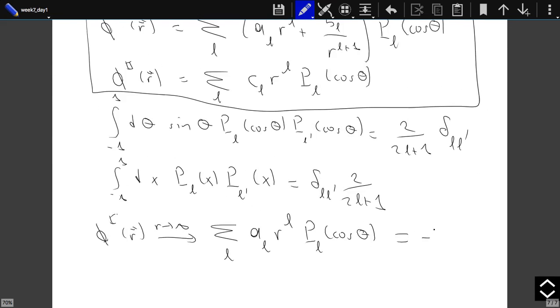So what I'm left with is sum over L, A_L r to the power L, P_L of cosine theta, which should be equal to, you see, the potential when r goes to infinity, which is minus E0 r P1 of cosine theta.